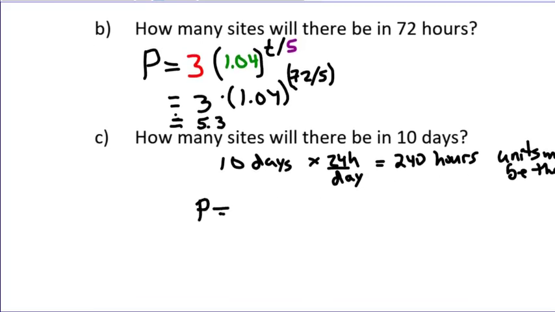So p is equal to 3 times 1.04 to the power of bracket 240 divided by 5. And once again, using our calculator, I'm just going to do this off screen. So 3 times 1.04 to the power of bracket 240 divided by 5. Sorry, 240 divided by 5.